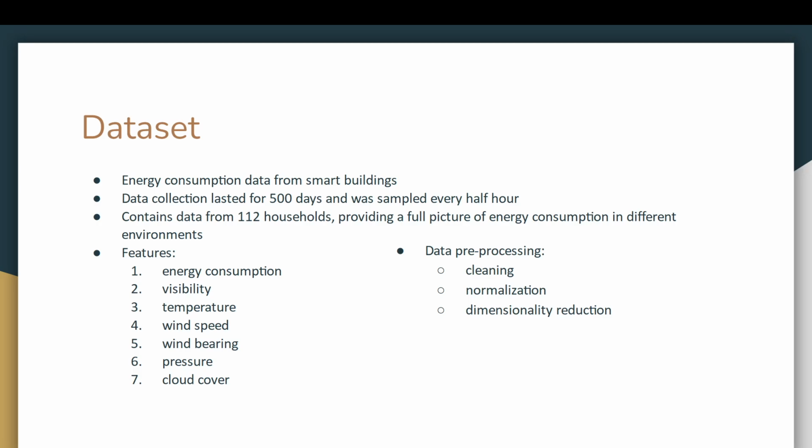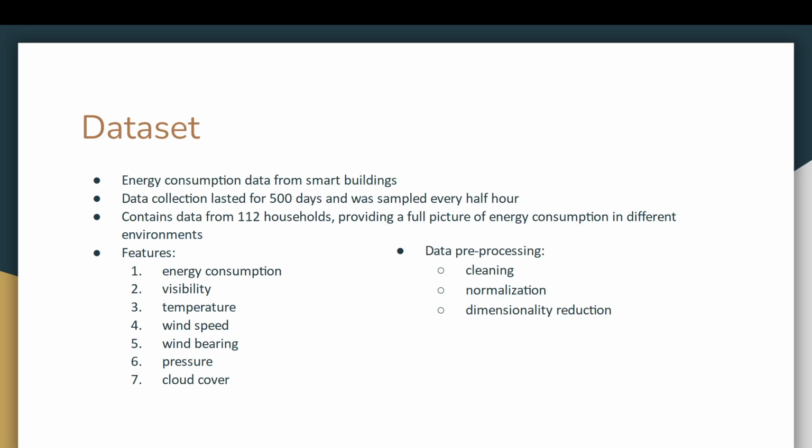In addition to energy consumption, various external environmental factors are considered, including visibility, temperature, wind speed, wind bearing, pressure, and cloud cover. These factors are crucial for understanding the influence on energy usage.